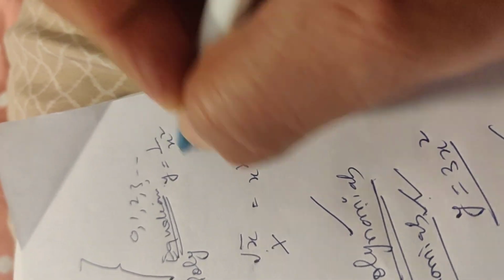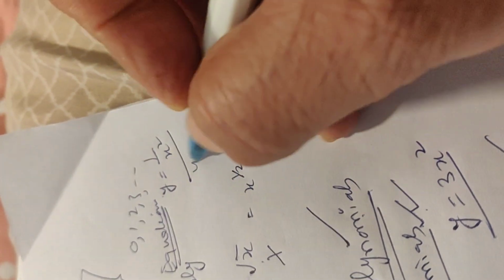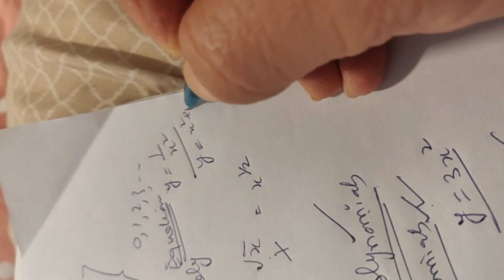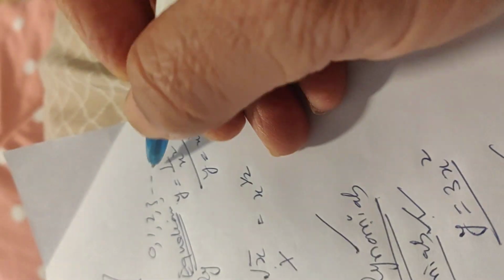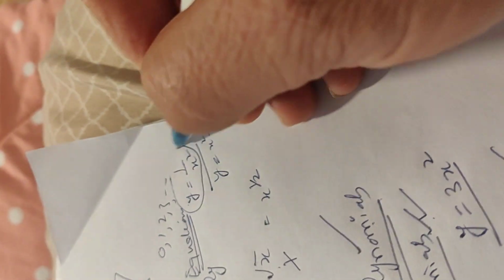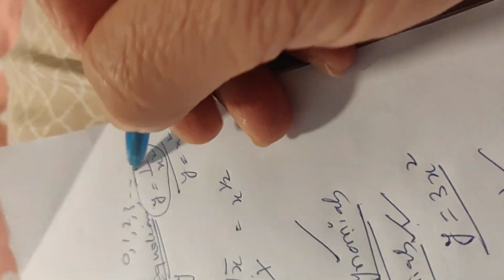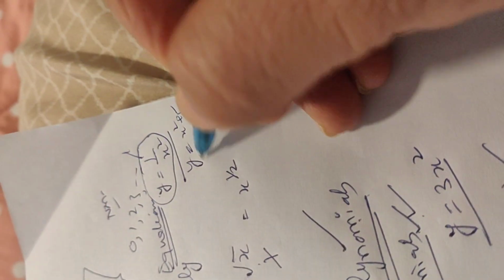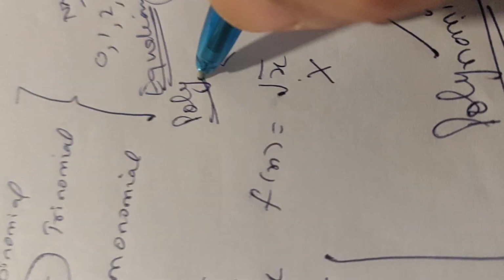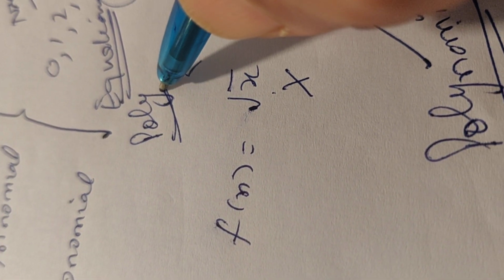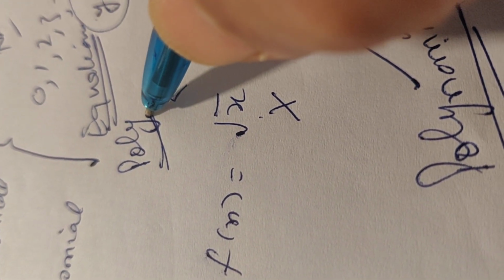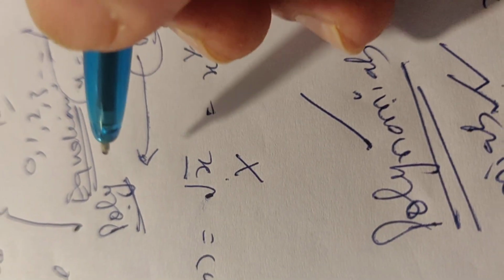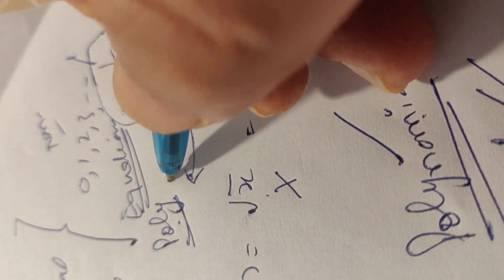It could be 1 upon x square, or it could be y equal to x square plus 5. Out of these equations, certain equations are non-polynomials and certain equations are polynomials. Out of these polynomials, we have different groups: monomials, binomials, trinomials, and so on and so forth.